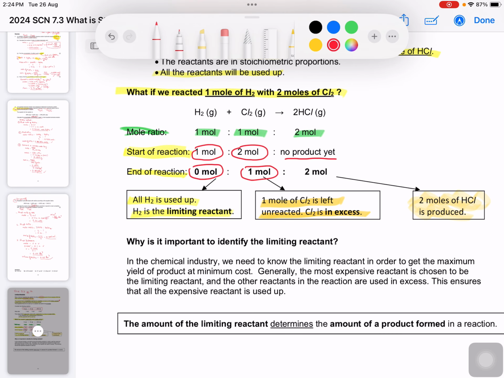So why is it important to know what the limiting reactant is? Because it's the one that's going to get completely used up, we will ensure that the limiting reactant will be the more expensive reactant.